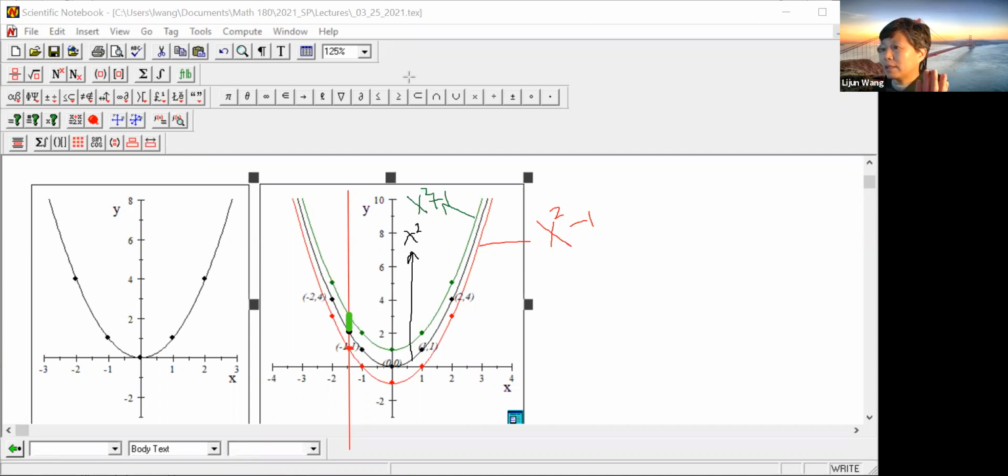And this is shifting down by 1 unit. So that's green, up by 1, and subtract by 1. Be careful: after the square, we add 1 or subtract 1. Adding 1 shifts up, minus 1 shifts down. Do you think you start to have some sense now? It's easy, right?